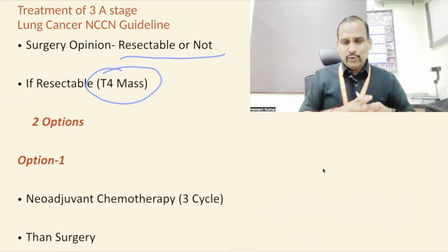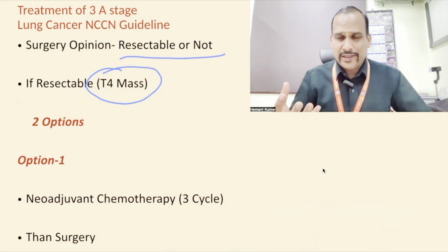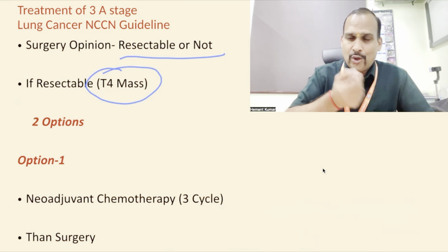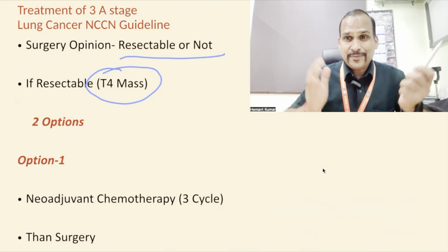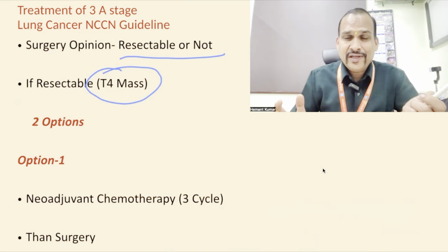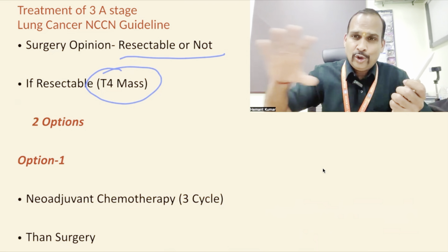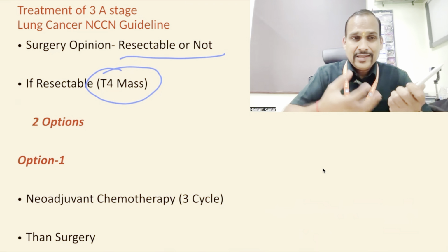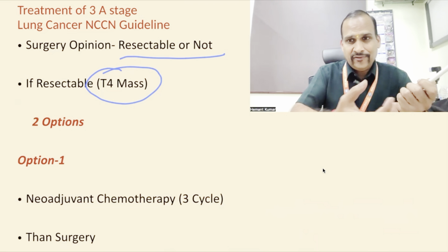Okay, if tumor size is not so big and patient is very fit, the surgeon can do surgery now. If tumor size is big, then the surgeon will ask, okay, go to the pulmonologist or medical oncology, get chemotherapy, get tumor size reduced, then come for surgery.